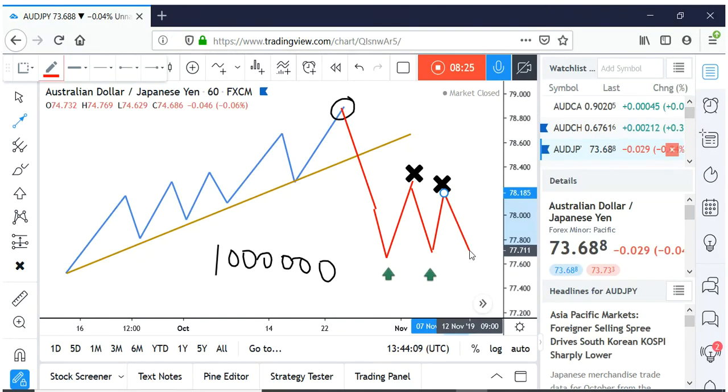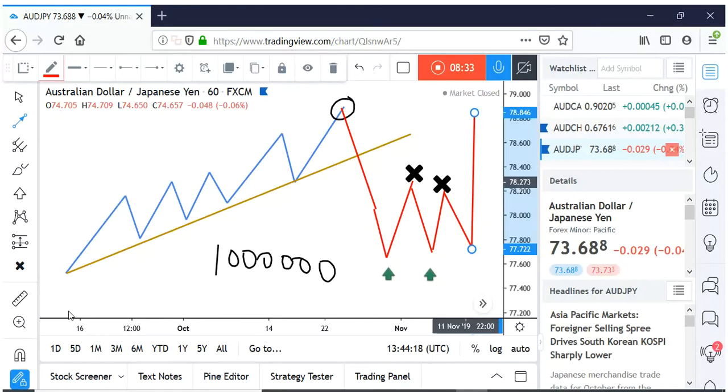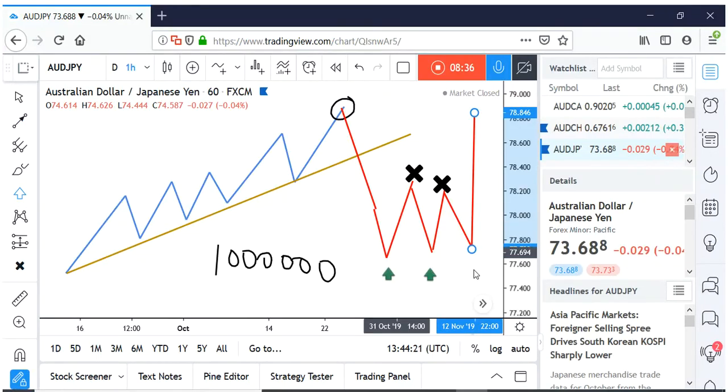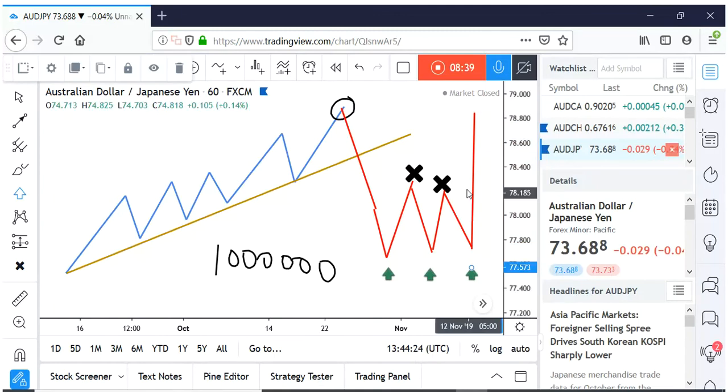Then they take the profit here, and use the rest of the money left to place another buy trade, and the market will continue in the direction where it was before.